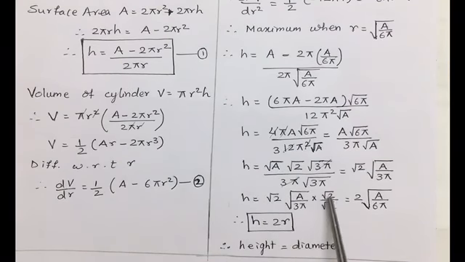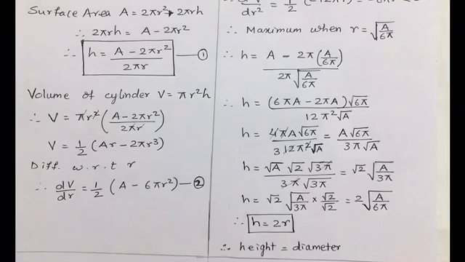Now multiplying and dividing it with root 2, we get h is equal to 2 times root of a upon 6 pi. Now root of a upon 6 pi is r that we have already calculated. So 2 times r we got. So height is 2 times r, which means height is equal to diameter. So this is proved for the 20th one, and volume is also maximized.